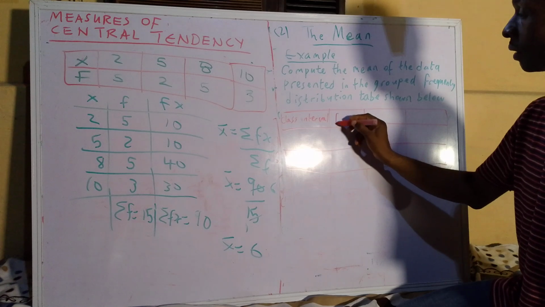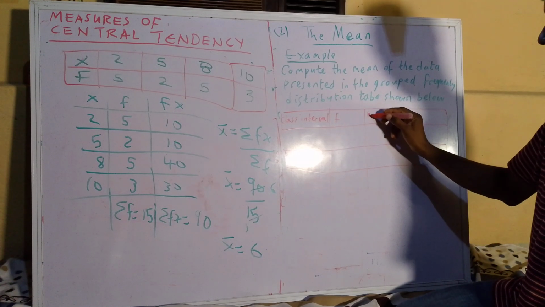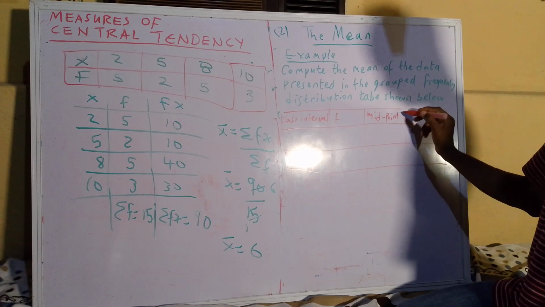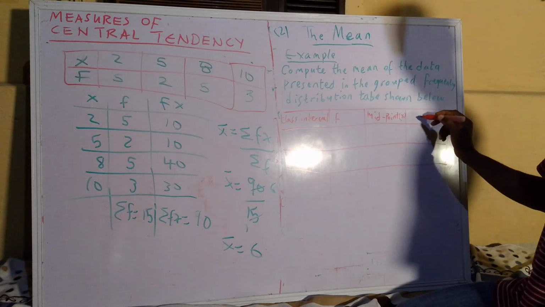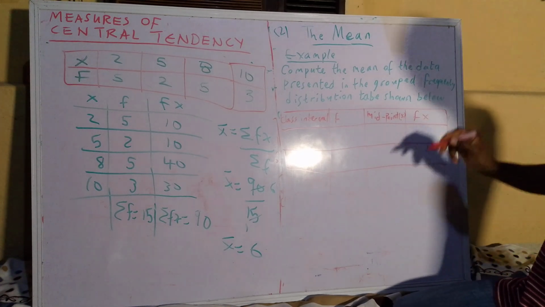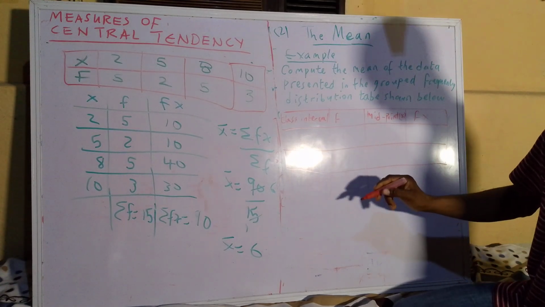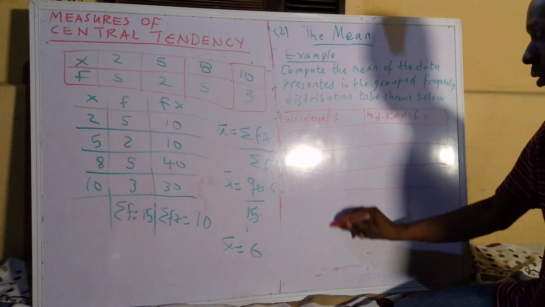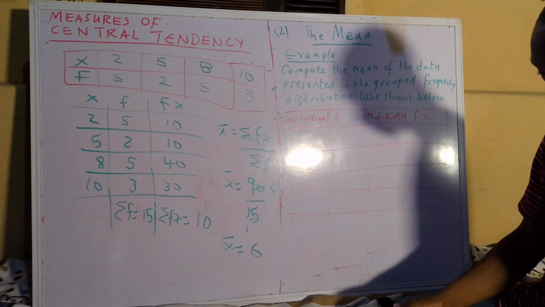Class interval, frequency f, midpoint. Midpoint is our x, then the f of x. This case is actually longer. One, two, three, four, five, six, seven.